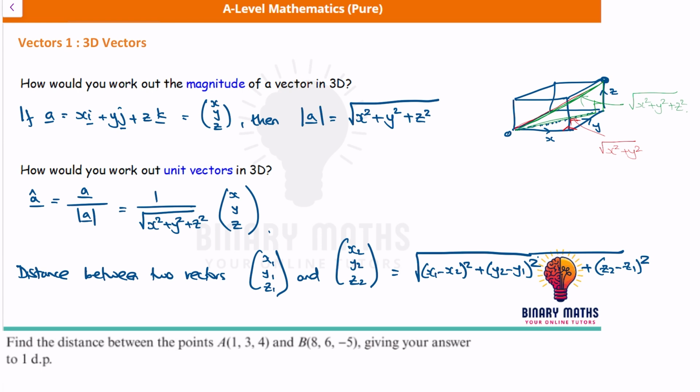I feel like I have interchanged my 1 and 2. It doesn't really make a difference, but let's keep it consistent: y1 minus y2 squared and z1 minus z2 squared.